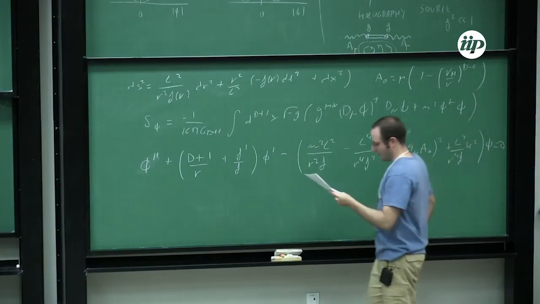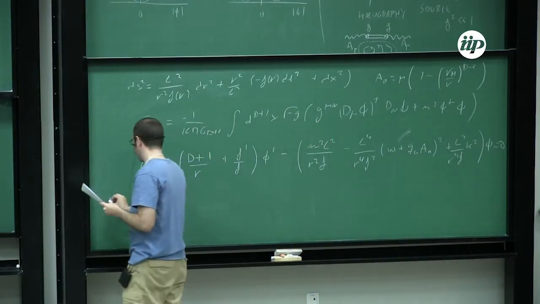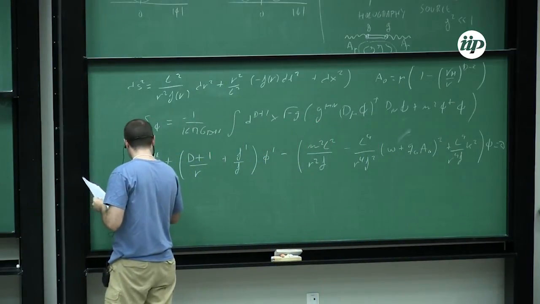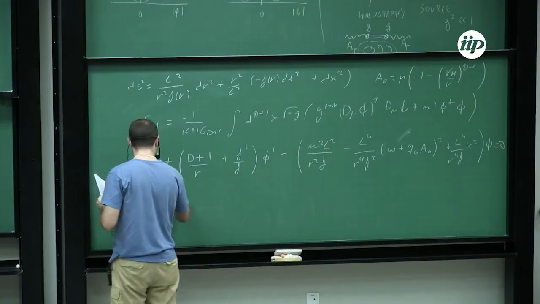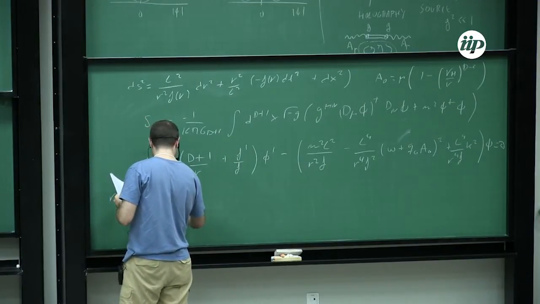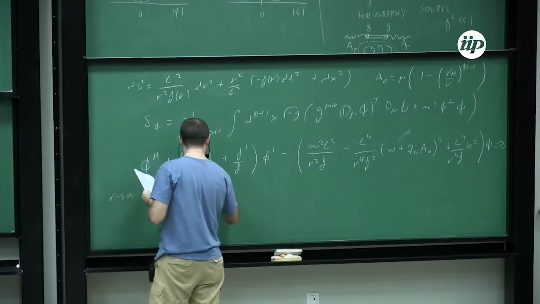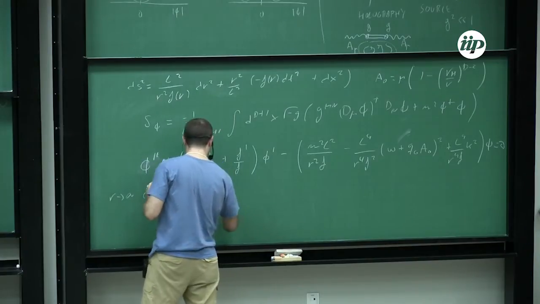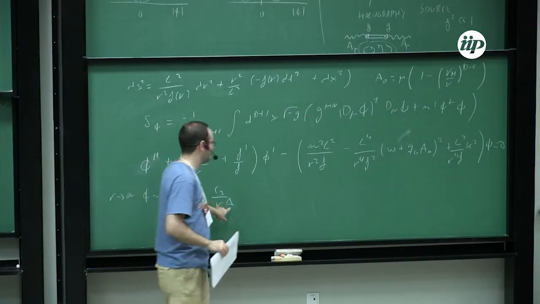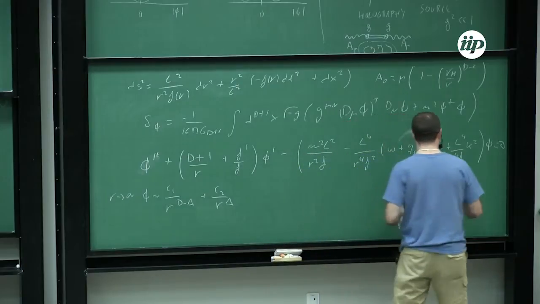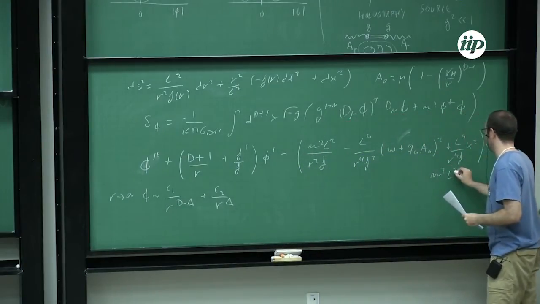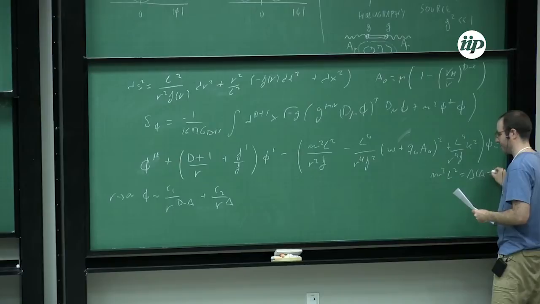So close to the boundary, when r goes to infinity, the scalar field has an expansion given by two different powers of the radial coordinate. This is the dimension of the dual operator, that I remind you is related to the mass in this way.